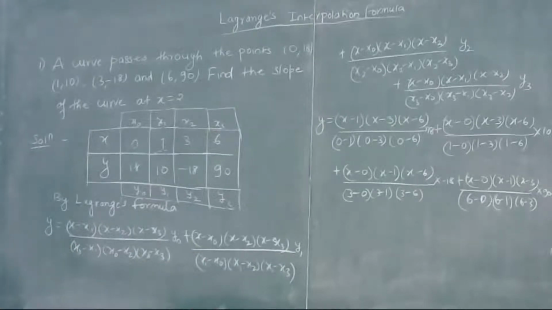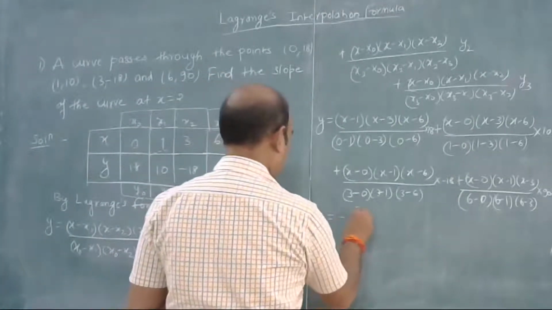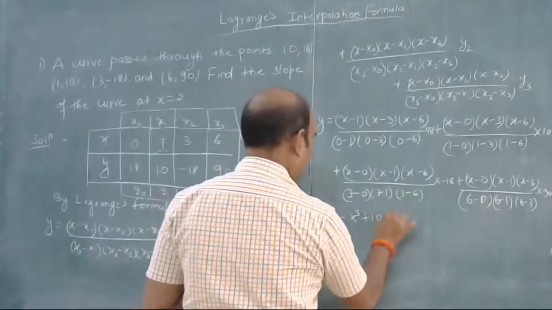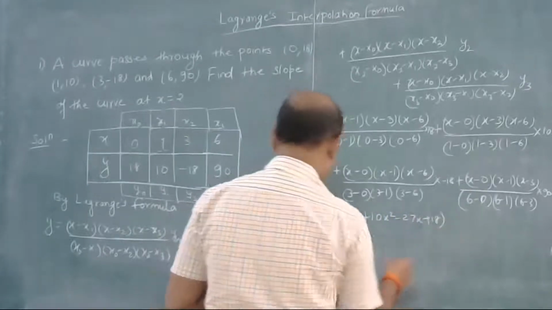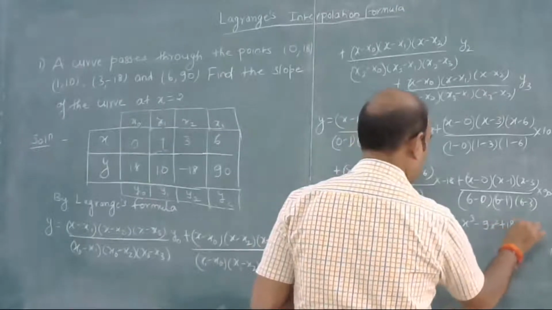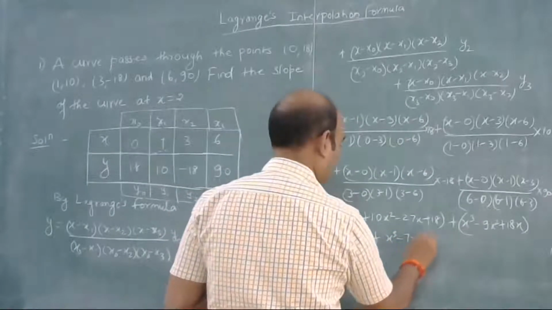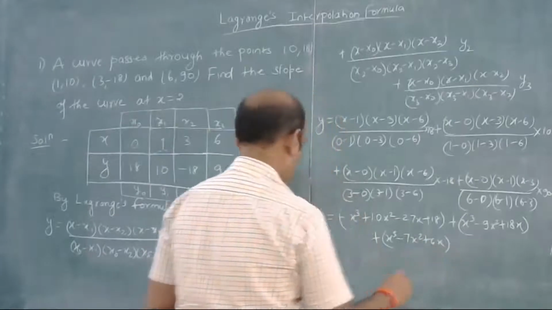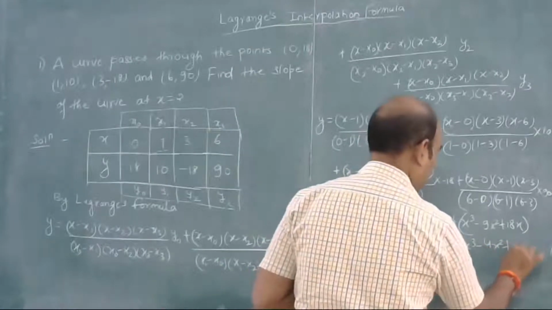Then if you solve this, you will get y is equal to minus x cube plus 10x square minus 27x plus 18, plus x cube minus 9x square plus 18x, plus x cube minus 7x square plus 6x, plus x cube minus 4x square plus 8x.